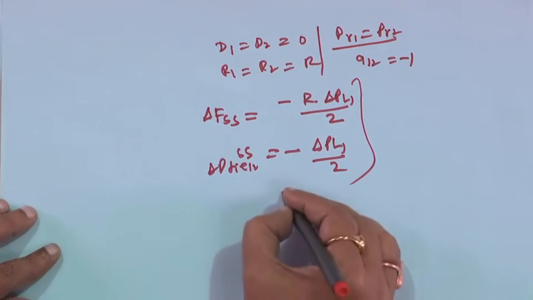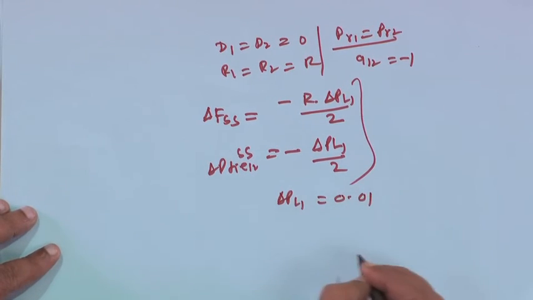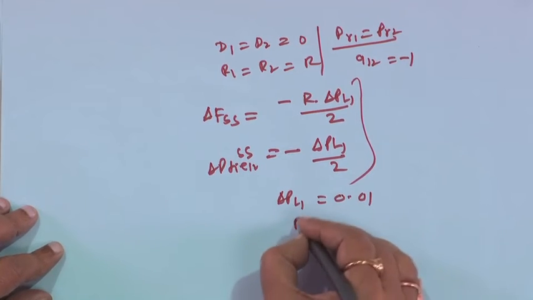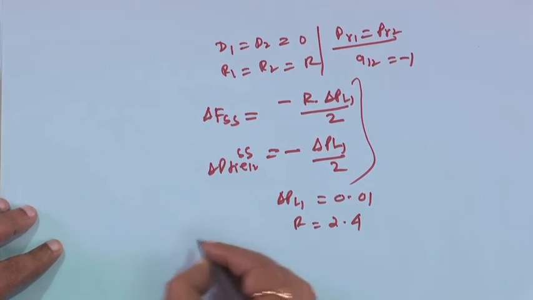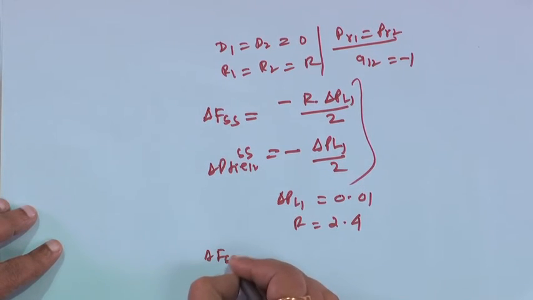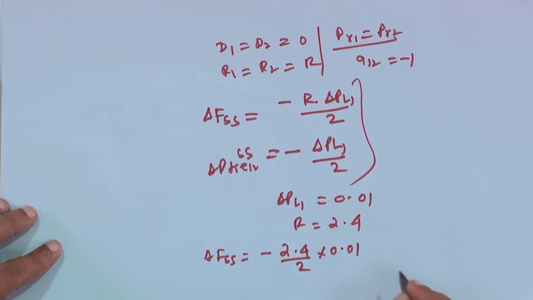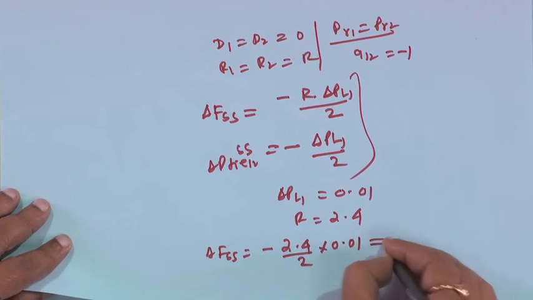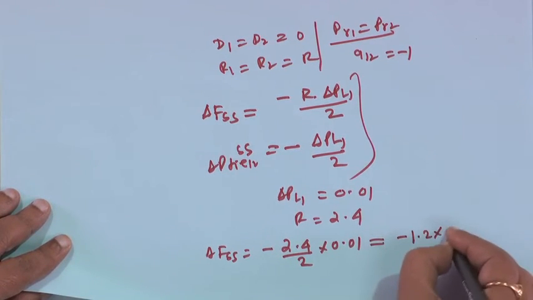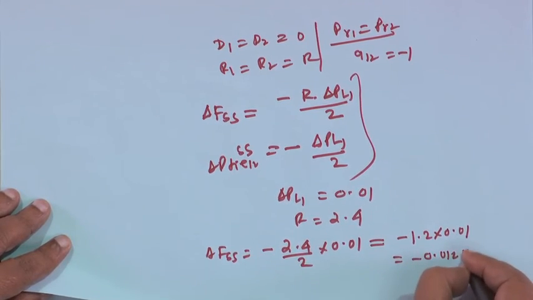Now, for example, if delta PL1 is equal to 0.01 and R is equal to 2.4 hertz per unit megawatt, then your steady state value delta F SS will be minus 2.4 by 2 into 0.01, which is minus 1.2 into 0.01, so minus 0.012 hertz.